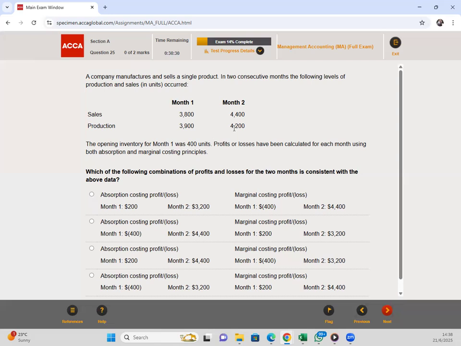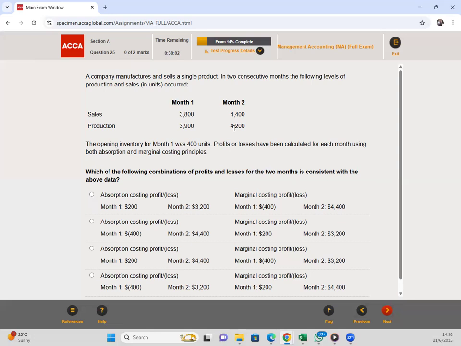Now, what is the closing stock for month two? Remember, the closing stock for month one is the opening for next month. So what is the closing stock for month two? 500? No, are you sure it's 500?